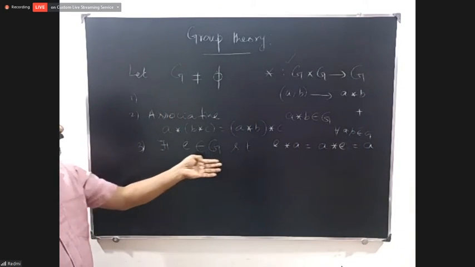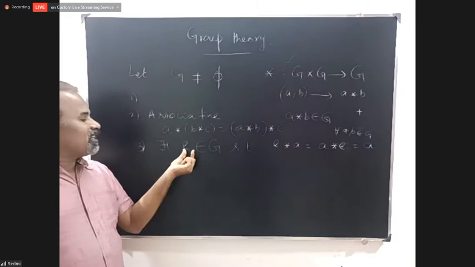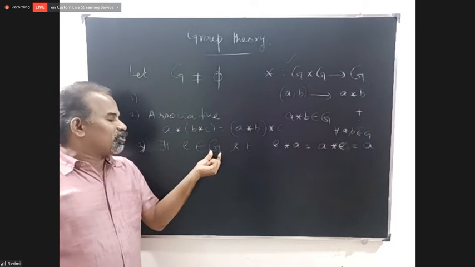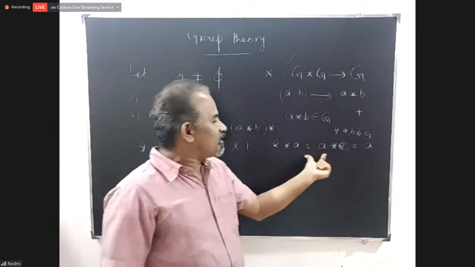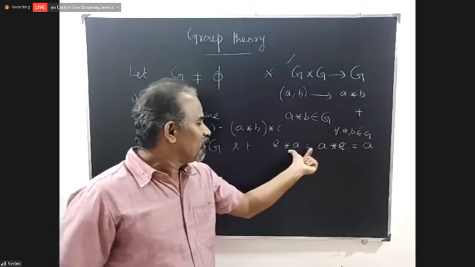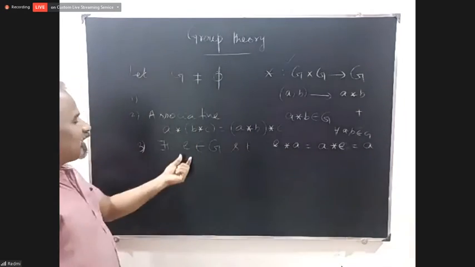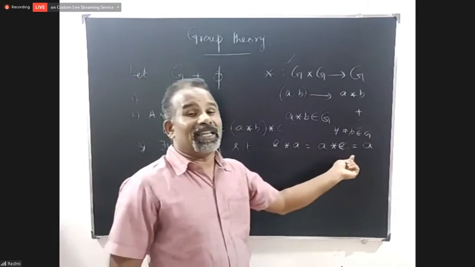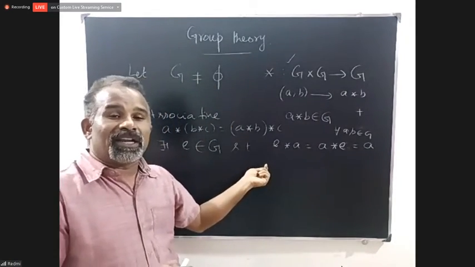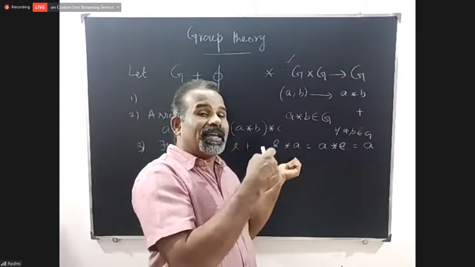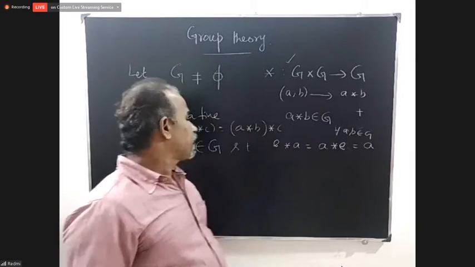So there exists only one element in G that satisfies these conditions. This is called the existence of identity. We have to find whether the identity exists or not.